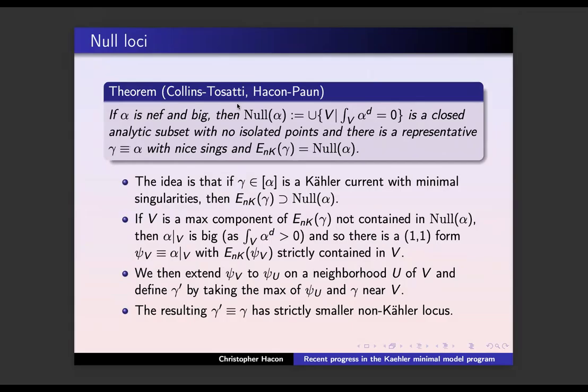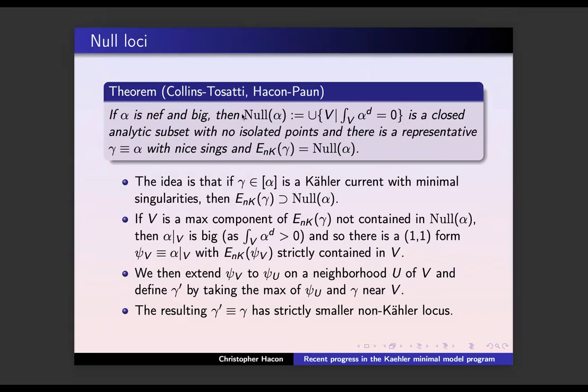Okay, here's a useful result that we need. We're interested in nef and big classes alpha. If the class is not Kähler, then we have seen that the null locus will be non-empty. There will be some subvarieties such that when you integrate alpha to the d along that subvariety, you will get 0.